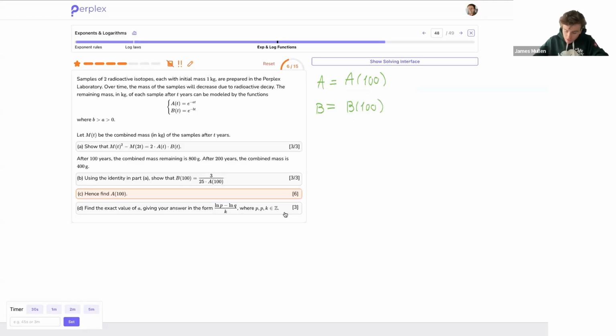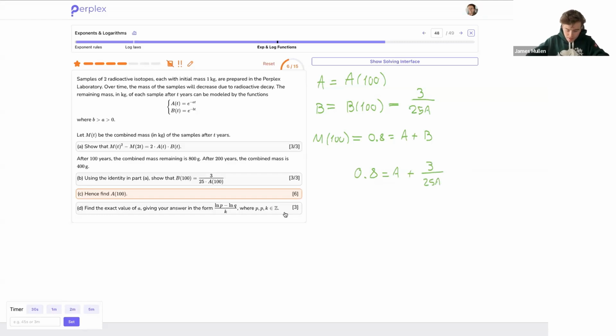And then I know that the total mass after 100 years is 0.8. And that's the combined mass of A plus B is equal to 0.8. And I know from part B that I have this relationship between B and A, which was that B is equal to 3 over 25A. So now I can rewrite this as 0.8 is equal to A plus 3 over 25A.